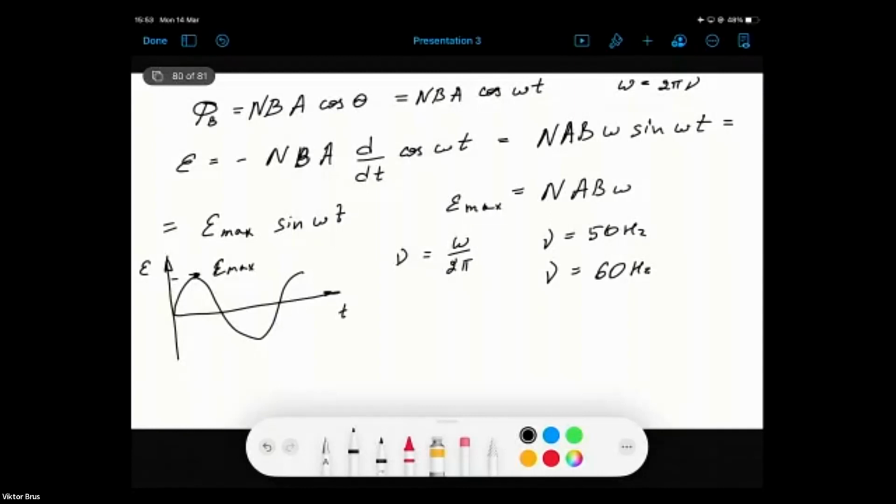Summarizing our discussion, we explained the difference between induced electric field and electrostatic field. The fundamental difference is that we don't have sources of induced electric field. It originates from the change of magnetic field.